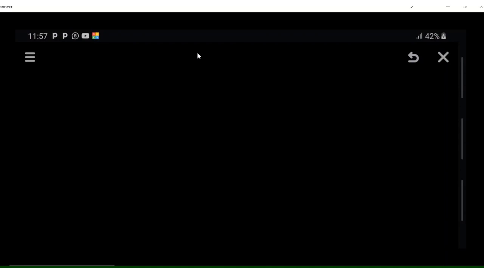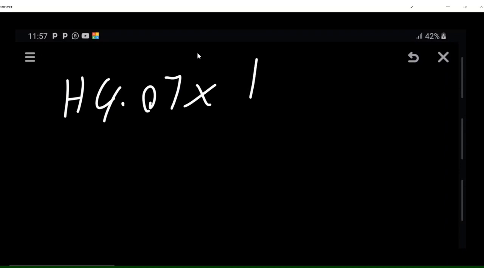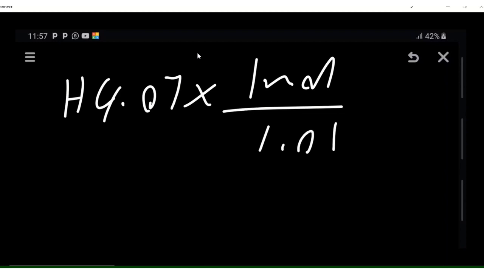Now for hydrogen, we've given 4.07 multiplied by a mole over 1.01. This is the mass for hydrogen.